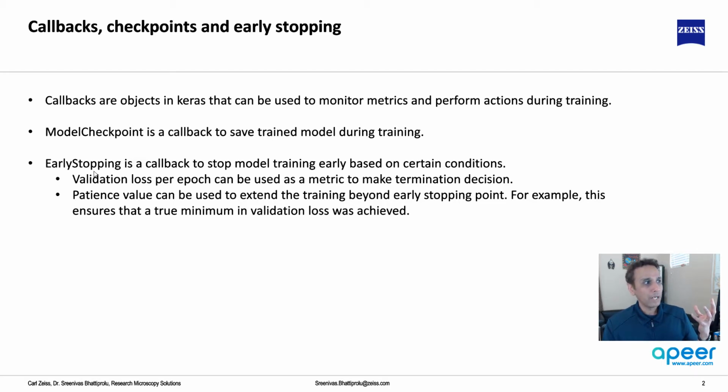Now, as part of early stopping, you can monitor validation loss, right? As each epoch goes by, you're monitoring some of these metrics. Let's say you're monitoring validation loss for every epoch, and that can be used as a metric to make a termination decision, meaning, hey, if you go 200 epochs, the model may overfit, right?